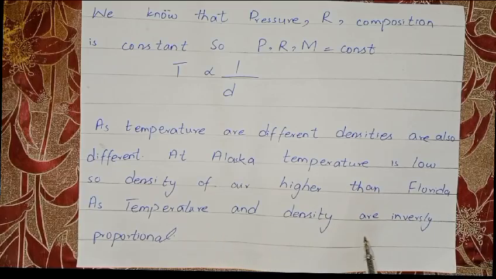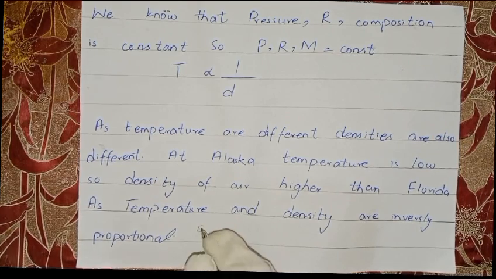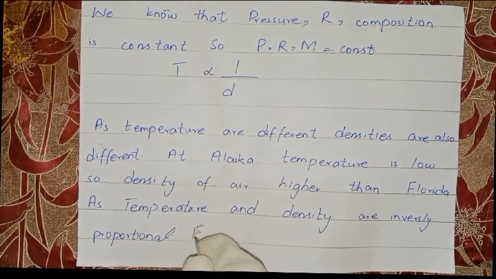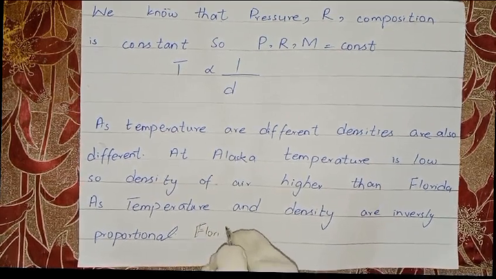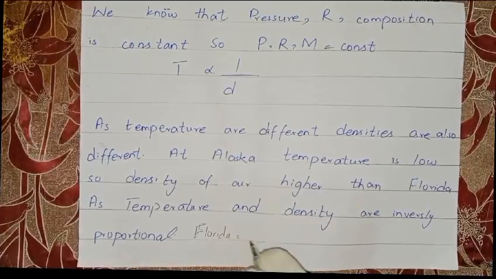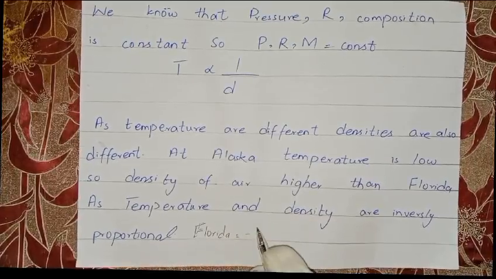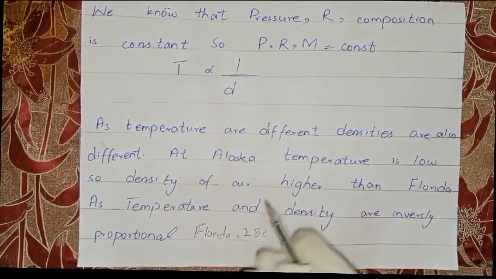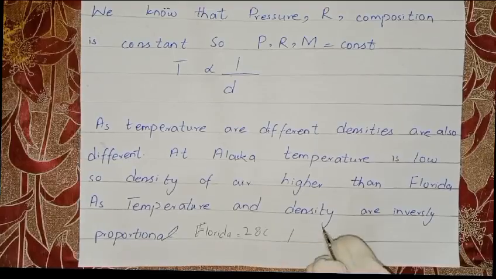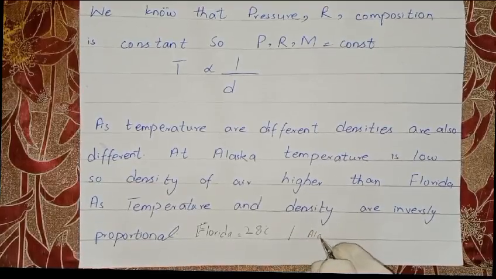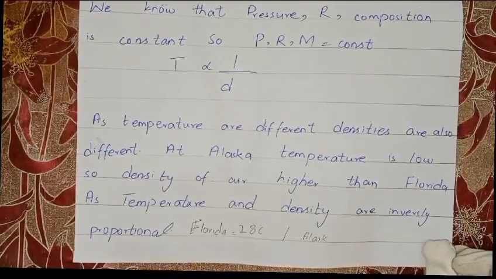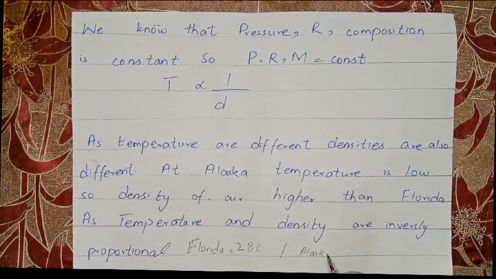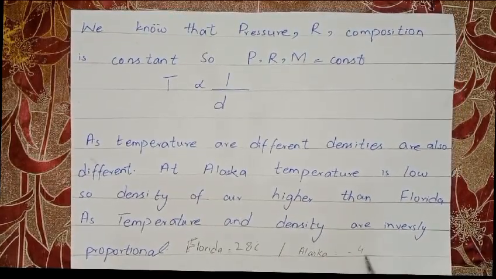As temperature and density are inversely proportional, at Florida the temperature is 28 centigrade, so temperature is high, so density is low. And at Alaska, temperature is -4 centigrade.